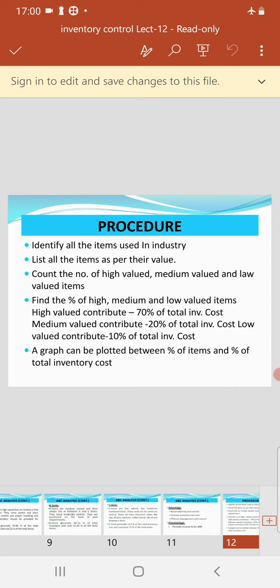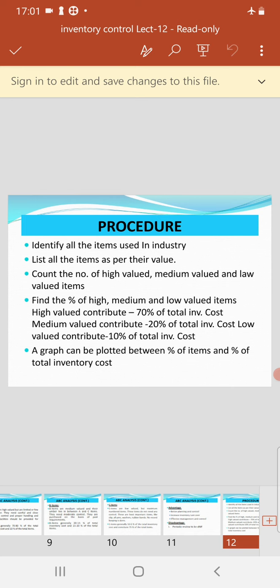High valued items contribute up to 70% of inventory cost. Medium valued contribute 20% of the total inventory cost, and low valued contribute only 10% of the total inventory cost.